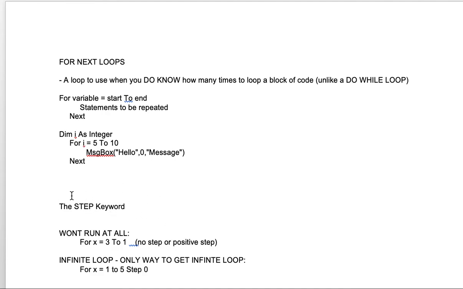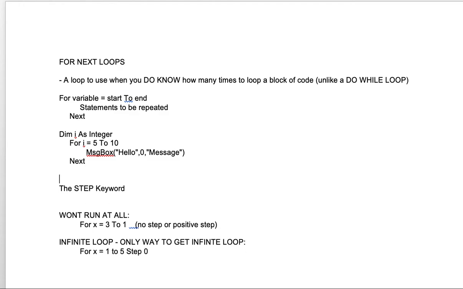Okay, so let's talk about another keyword called the Step keyword. By default, this variable here increases by 1 every time. But we can increase it by 2 or 3 every time if we want. Or we can decrease it by 1, 2, or 3, or whatever we want by using the Step keyword.